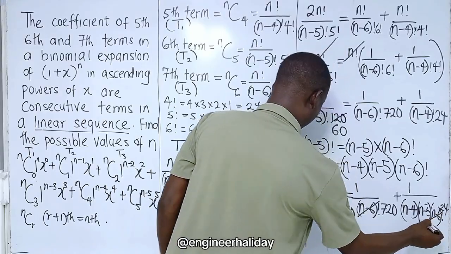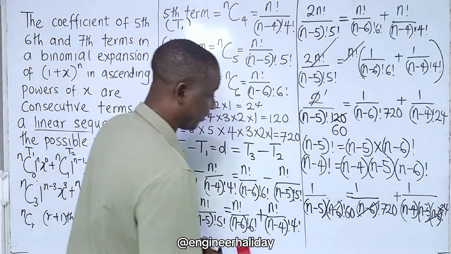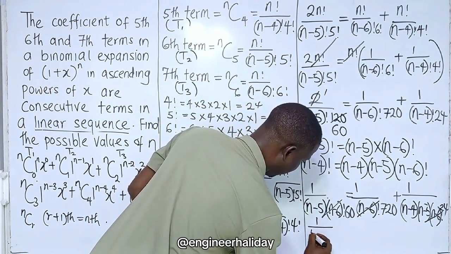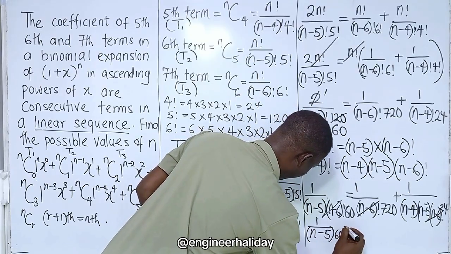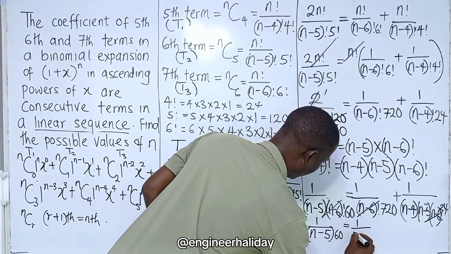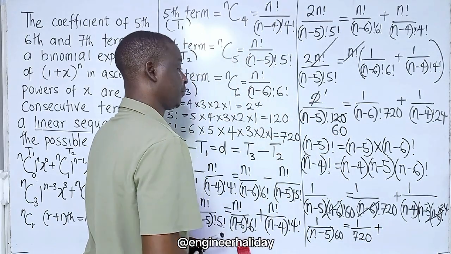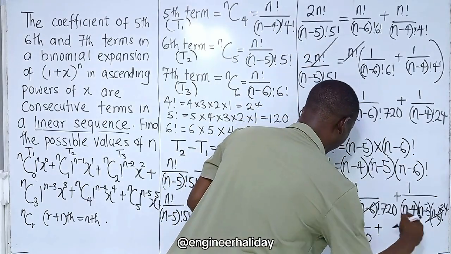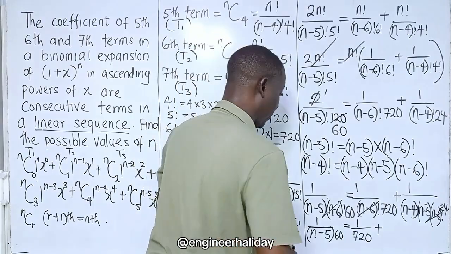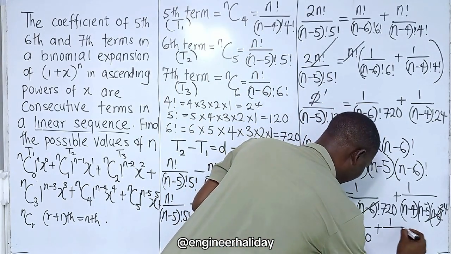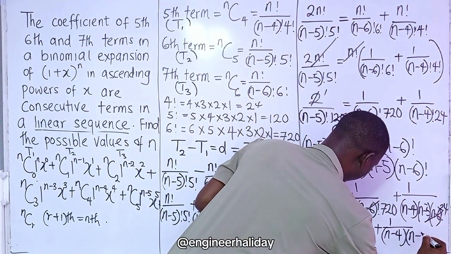So if we eliminate each other, what we are going to have left is 1 over (n minus 5) times 60 is equal to 1 over 720 plus 1 divided by (n minus 4), (n minus 5), then 24.